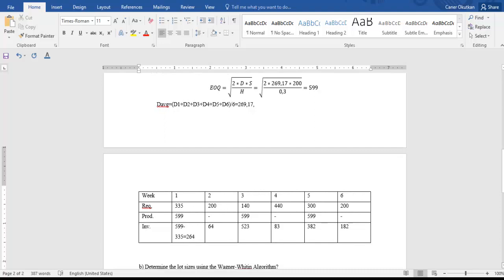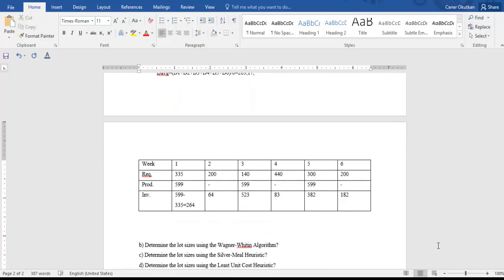So in this table we can calculate total cost with using economic order quantity.